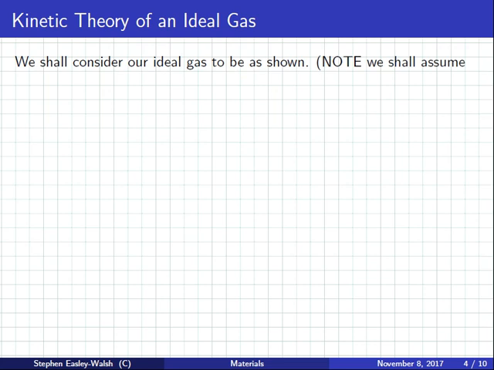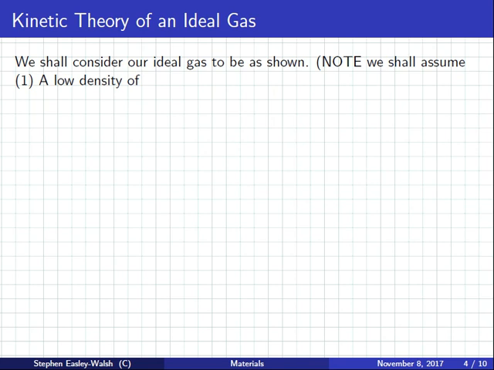We shall assume some things about the gas. Number 1, for our gas to be ideal, to behave the way we would like, we would want the gas to have a low density, because the formula I'm about to do makes more sense when the density is low. The gas could be high density, but then it's becoming more like a solid.